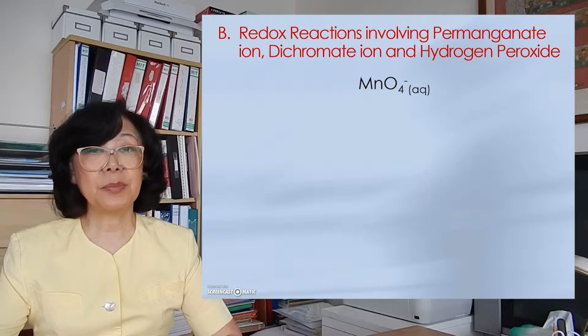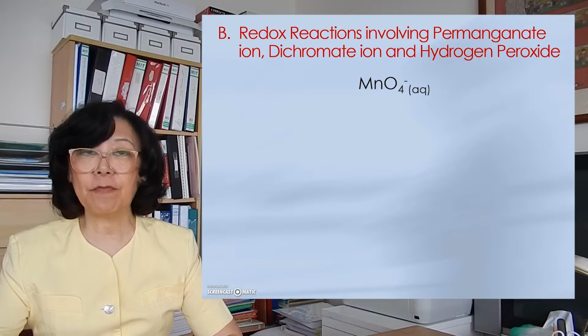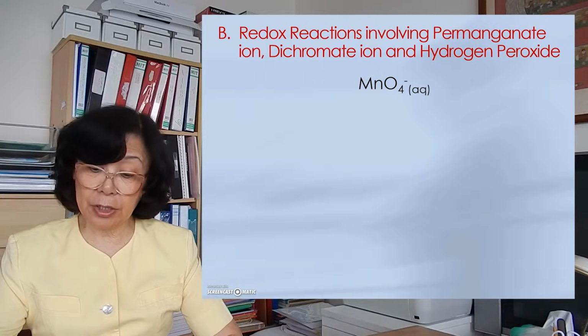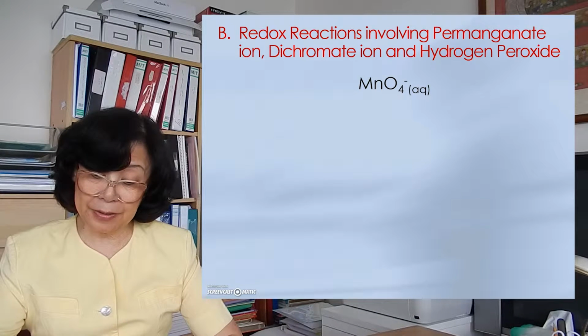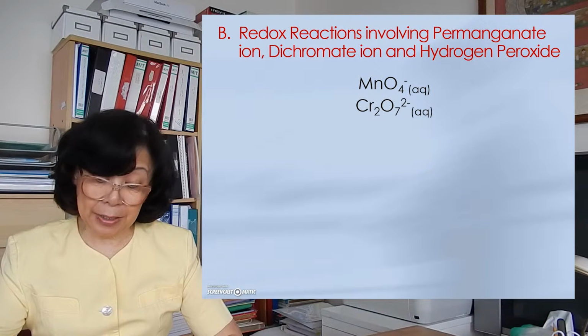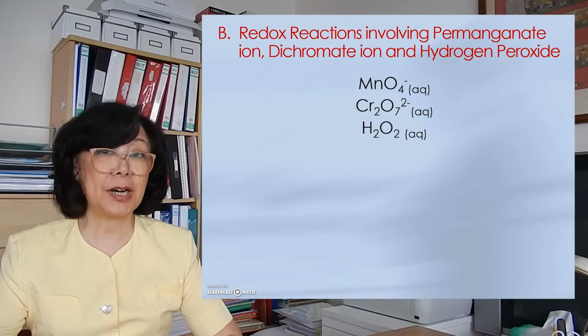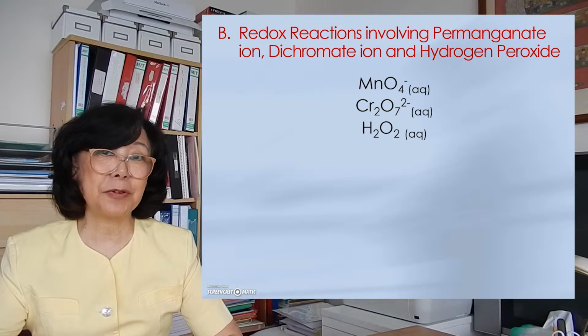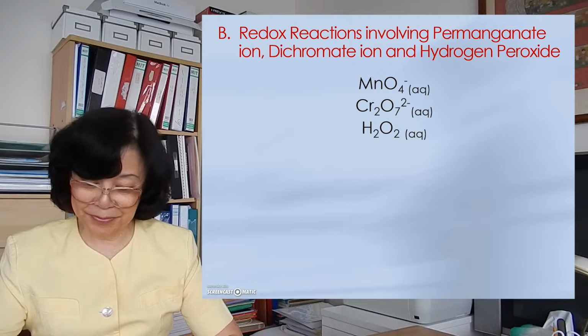Now, there are a number of species that are usually involved in oxidation-reduction. One is the permanganate ion, second is the dichromate ion, and third is hydrogen peroxide, the one that you can buy from your drugstore.